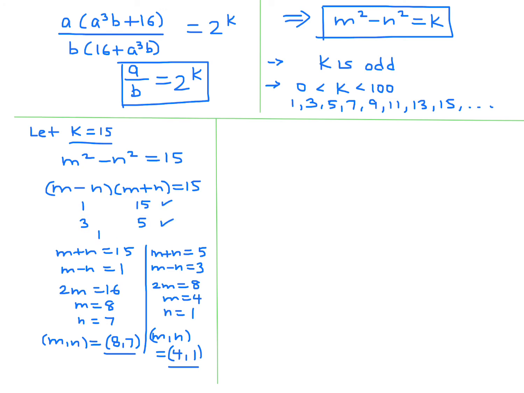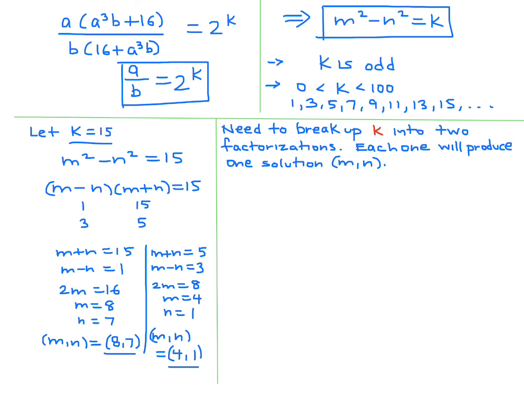Here's 1, here's 2. Each of them gave me a solution. So that's the general rule, that we need to break up k into two factorizations. Each one will produce one solution for m, n. And that is the general rule. So I have to see, how do I do that for values of k? And we are going to have three scenarios, three cases.